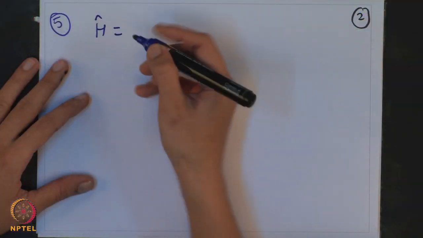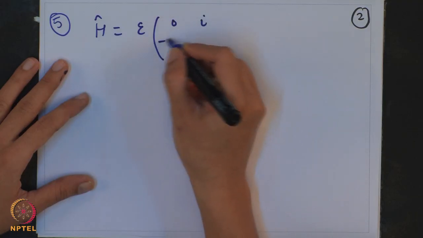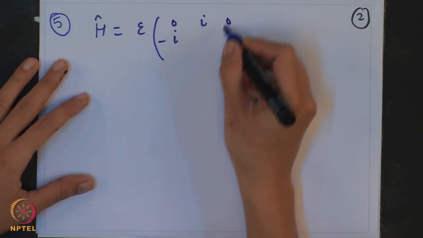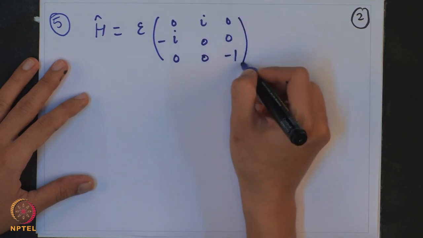In the fifth problem, a Hamiltonian operator again is given to you. A physical state has a Hamiltonian operator H, which is epsilon, 0, 0, 0, 0, 0, 0, minus 1 in matrix form.